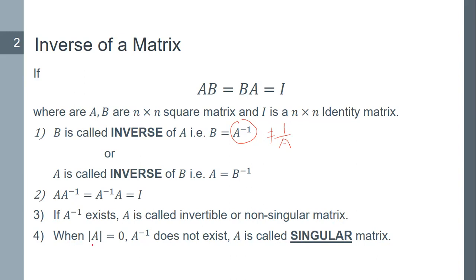But when your determinant is 0, your A inverse does not exist. Why it does not exist, later on you will know that. So A is called a singular matrix. To avoid wasting your time, always check the determinant. Make sure your determinant is not equal to 0.